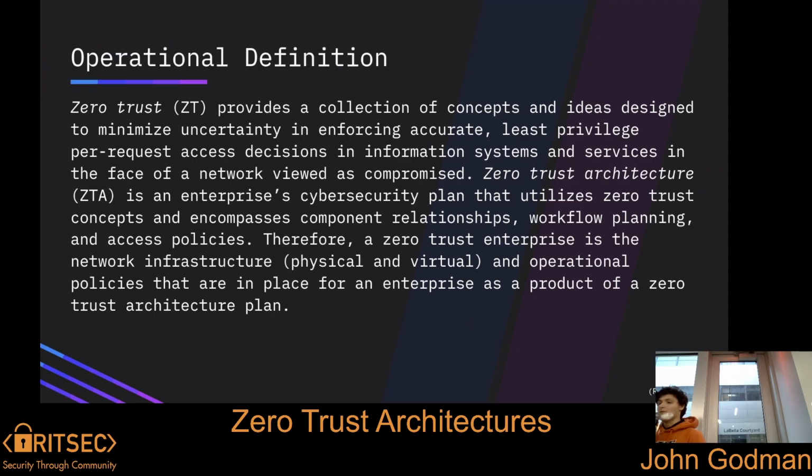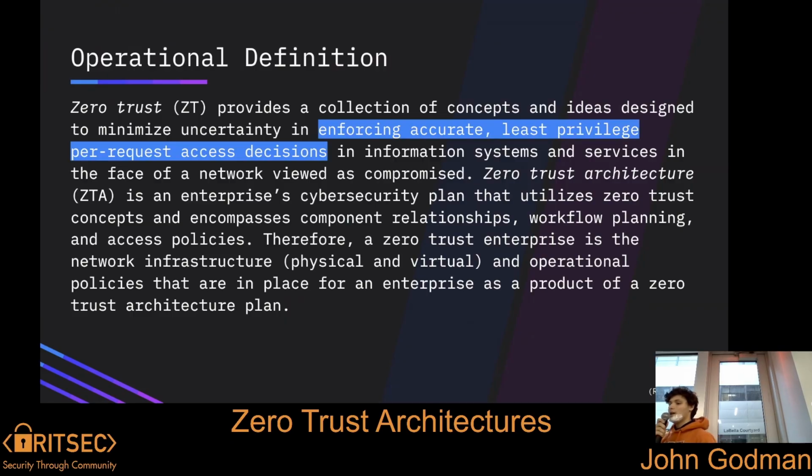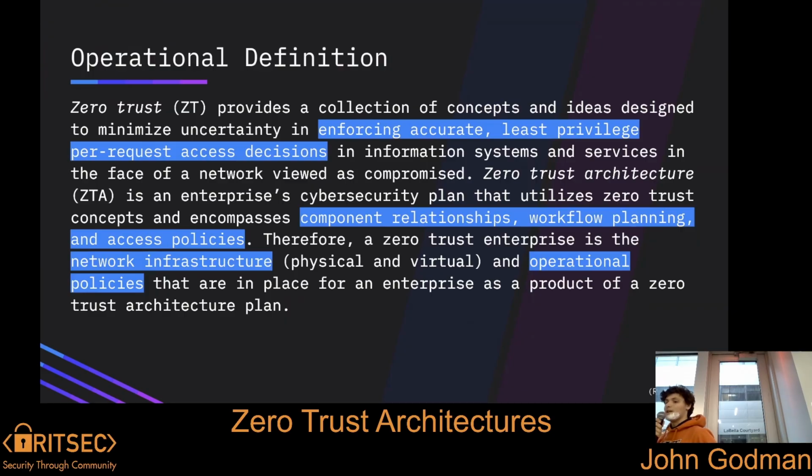It's pretty long, but the key points are that Zero Trust enforces least privilege access per request, and that this architecture is comprised of the components, workflow, and the access policies. And we can define a zero trust enterprise by its network infrastructure and operational policies that are in place to actually implement zero trust.